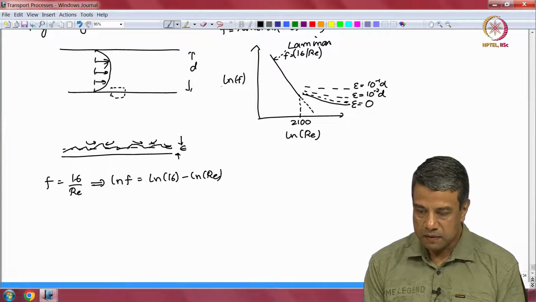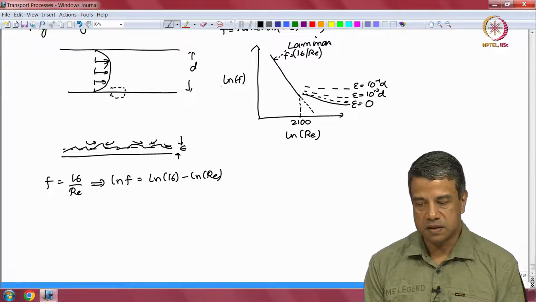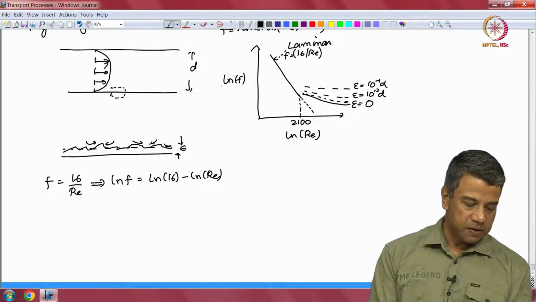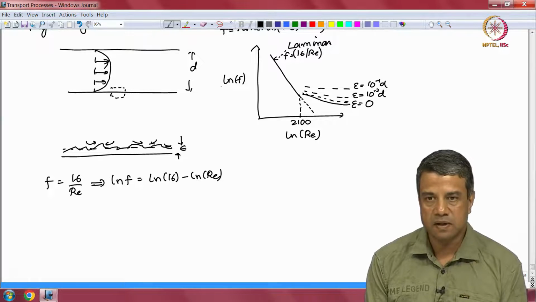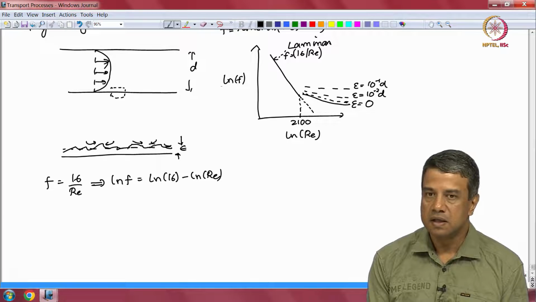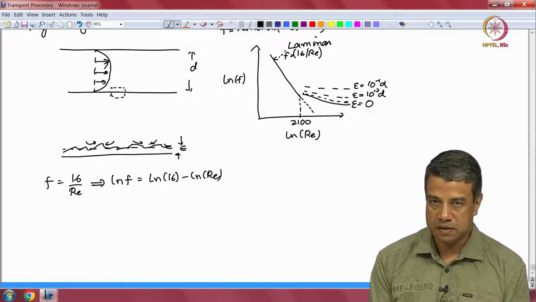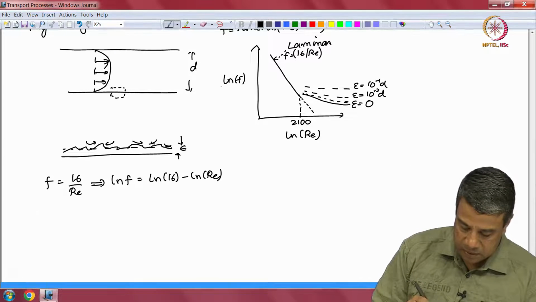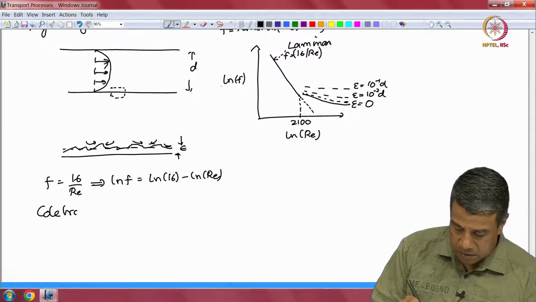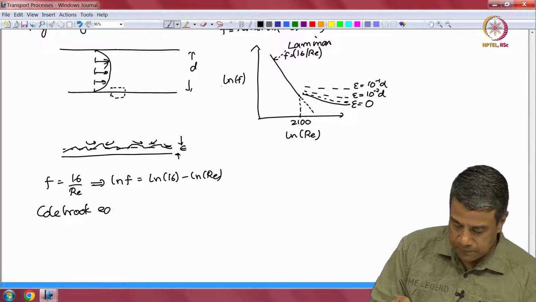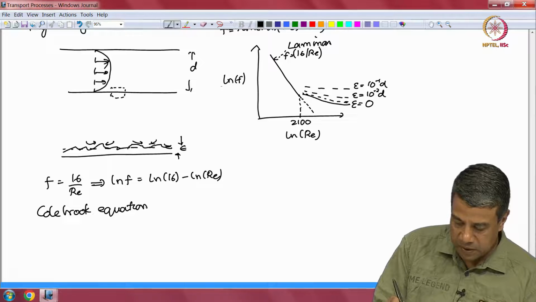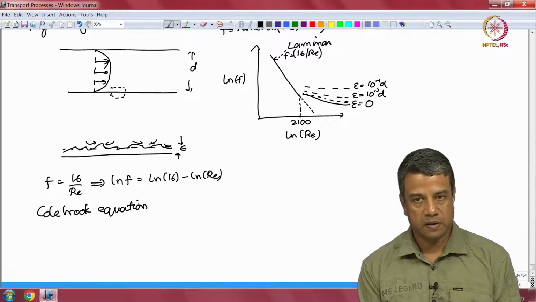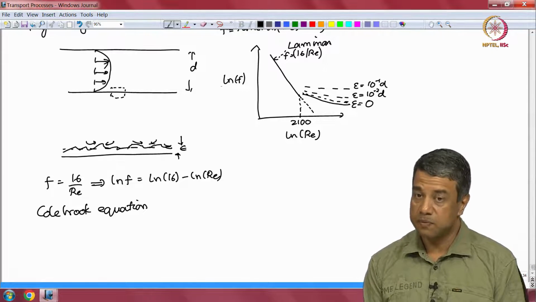Now, for laminar flow we have the correlation 16 by Re. We do not really have a similar correlation for turbulent flows. There are several approximate correlations. I will discuss only one of them, which is called the Colebrook equation, for a turbulent flow. This is an approximate empirical correlation.